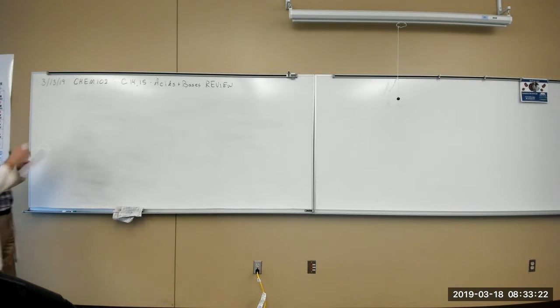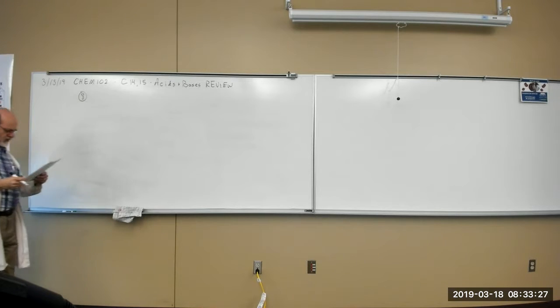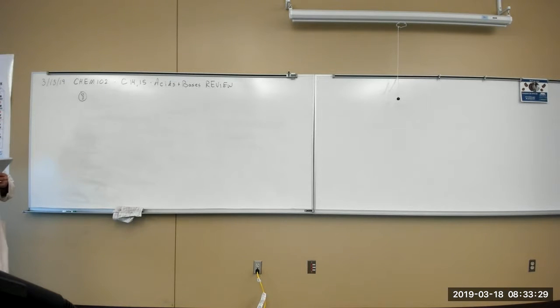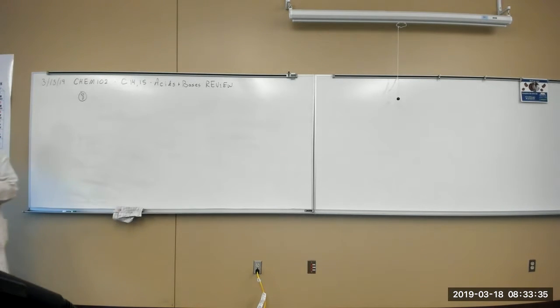How about 8? So for 8, we're going to be interpreting acid strength based on their Ka values. Ka being defined as the dissociation constant for the acid.